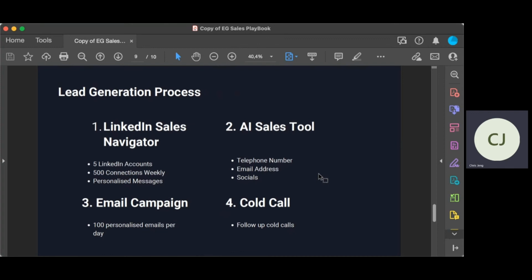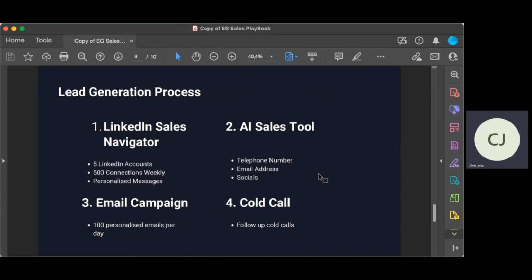And then we use our AI sales tool, which is connected to LinkedIn Sales Navigator. So what happens is all the people that we've connected with within that given week, we're able to find the telephone numbers, mobile numbers sometimes, email addresses, and socials of that individual that we've tried to connect with, or we've connected with on LinkedIn.